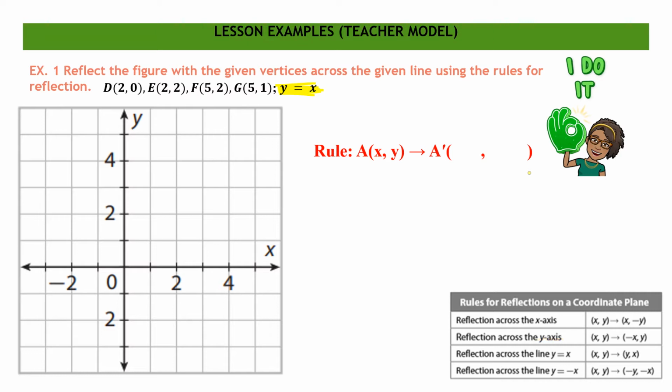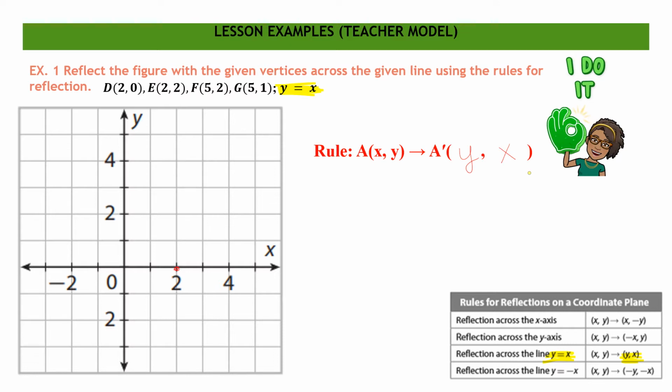The y equals x line of reflection tells me that I'm going to take my coordinate points of my pre-image and flip them. So here for the rule, we can write that my new coordinate points should be y comma x. So that means I'm going to take all these points that I have here, D, E, F, and G, and first plot them on our coordinate plane.